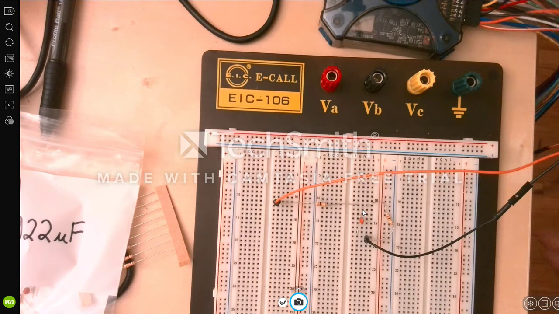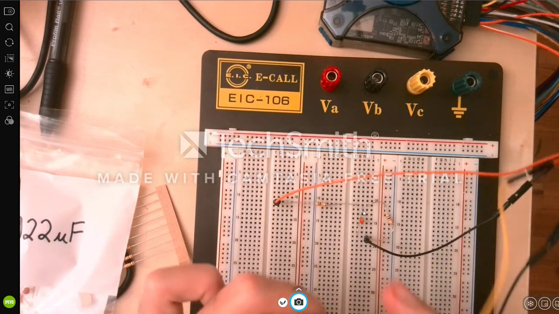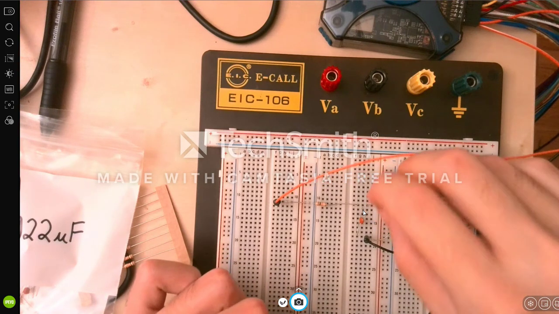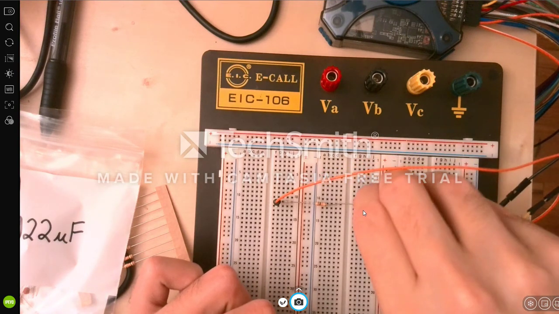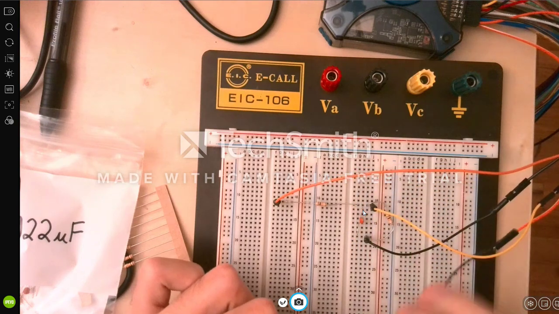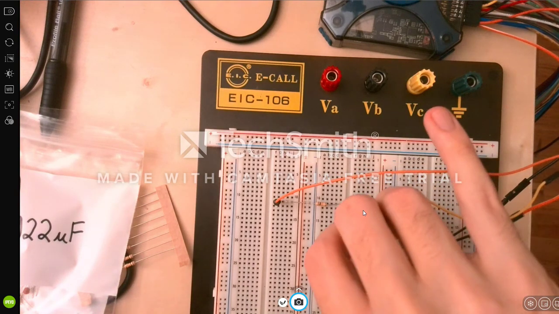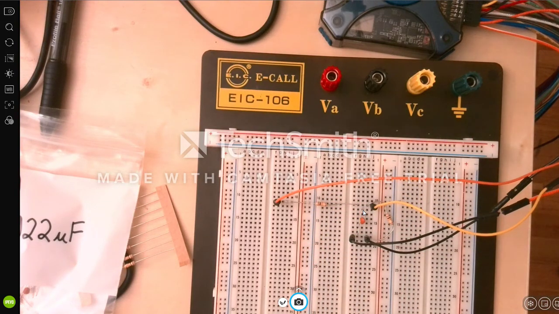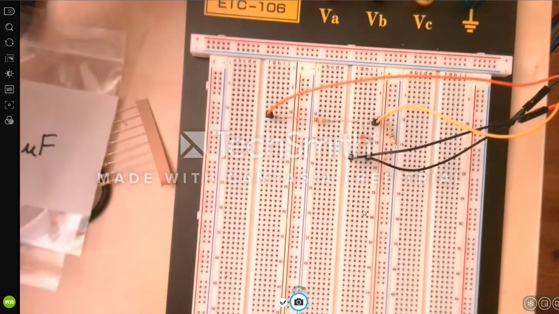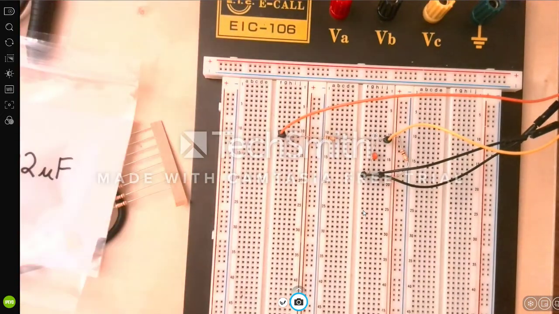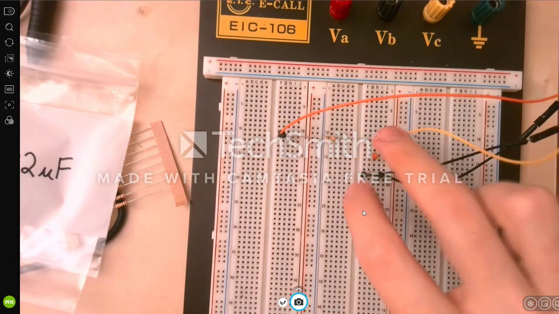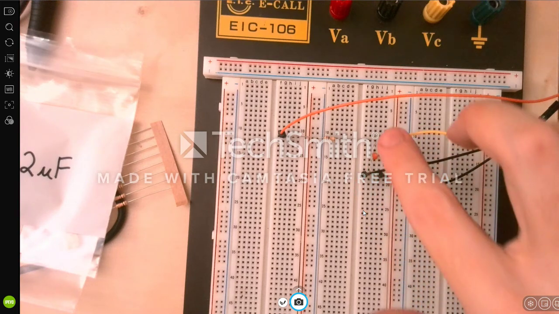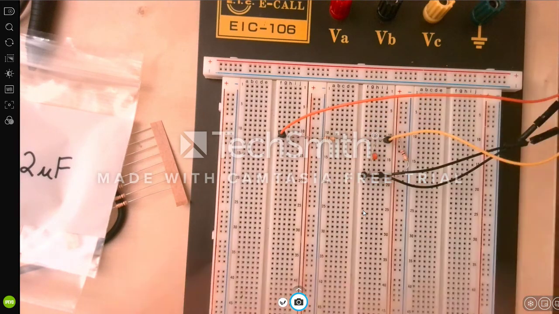So let's plug in our channel. Now we will plug the pins here and here. Let me zoom in a little bit. Okay, our channel is plugged in here and here, so we can measure the voltage across the capacitor.